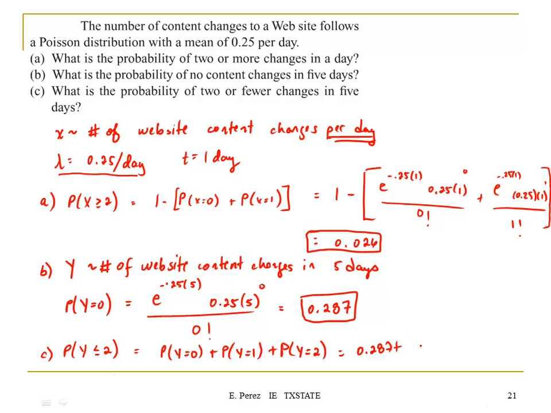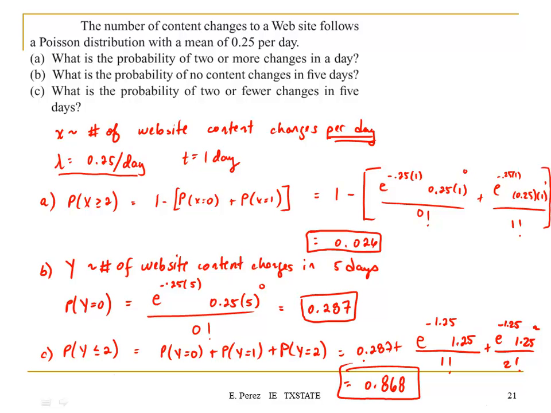So this is 0.287 plus e to the minus 1.25 divided by 1 factorial plus e to the minus 1.25 squared divided by 2 factorial. And that is 0.868.